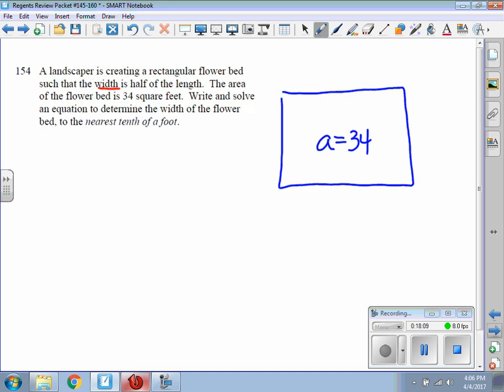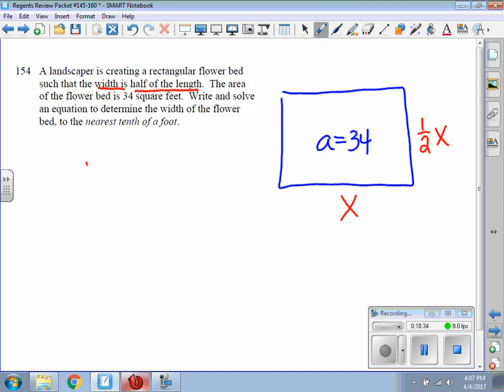Whatever the length is, the width is half of that. So I'll call my length x. The width is half of that, take it and cut it in half. If the length is x, the width is 1/2 x.